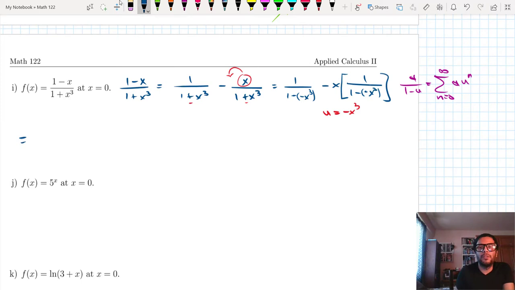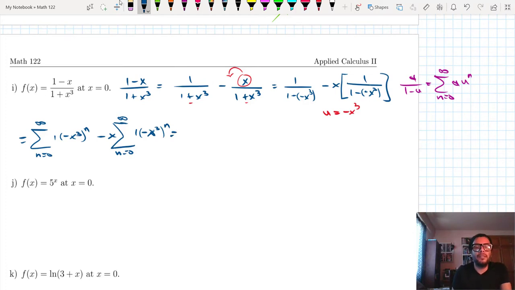So this will be for the first one, sigma for the first term. So 1 times negative x cubed to the n minus x times sigma n equals 0 to infinity, 1 times negative x cubed to the nth power.